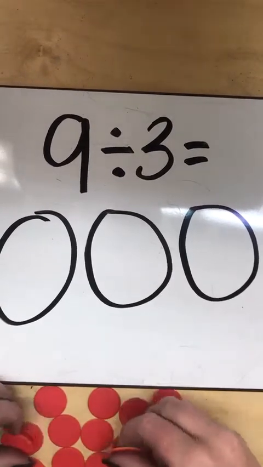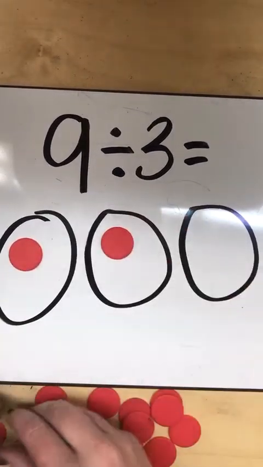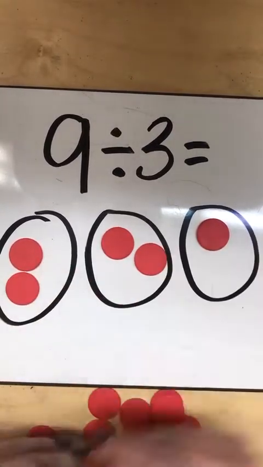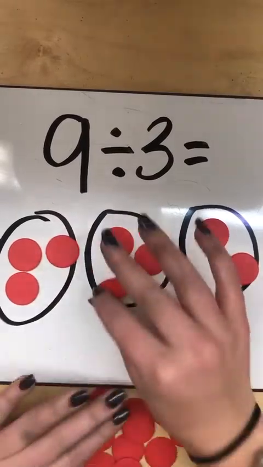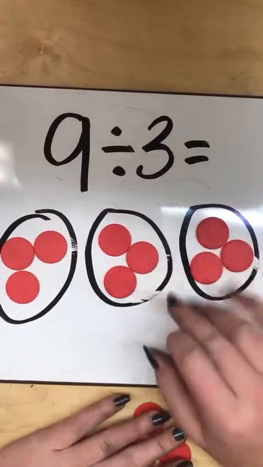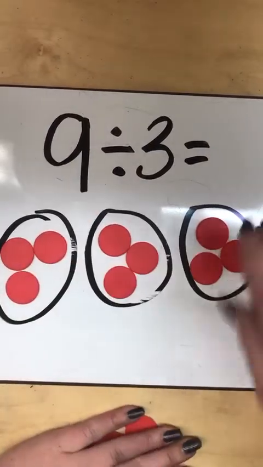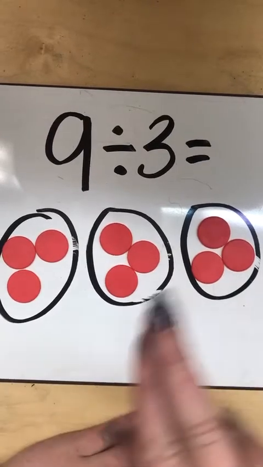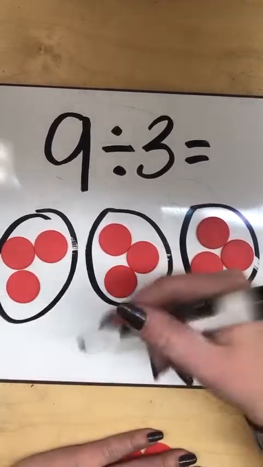I haven't counted these out. 1, 2, 3, 4, 5, 6, 7, 8, 9. So I'm counting them out as I do it. I don't count them out first and then split them up. I'm combining those two steps. So how many in each? 3.